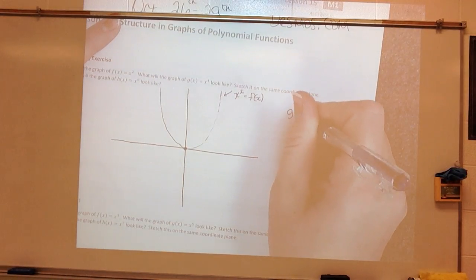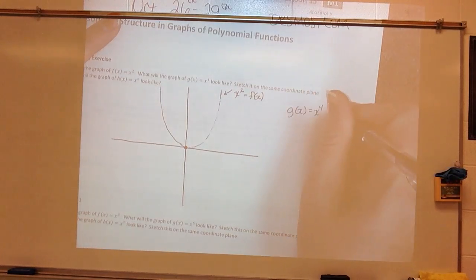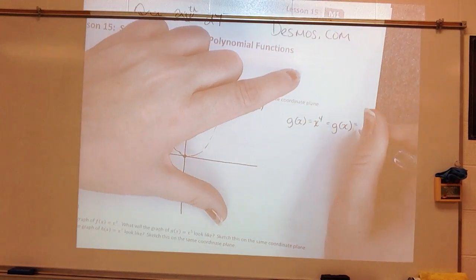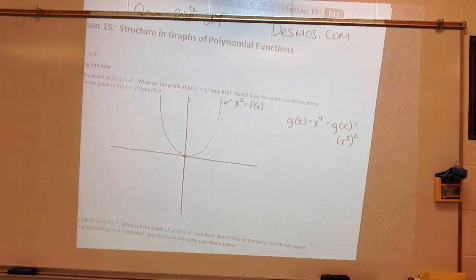G of x is equal to x to the 4th is actually the same thing as saying g of x is equal to x squared, and then I'm going to quantity square that. Well, I kind of already know what x squared looks like, so we could probably say that it's going to have the basic same shape. Alright, but we need to look at something else.